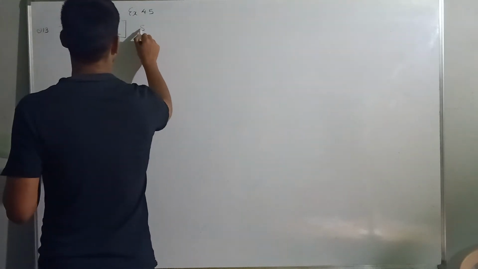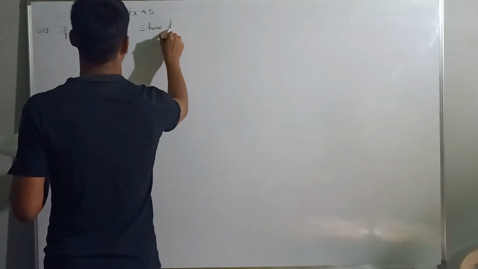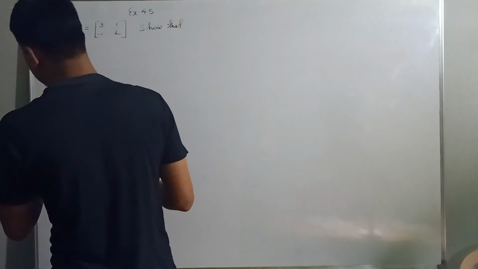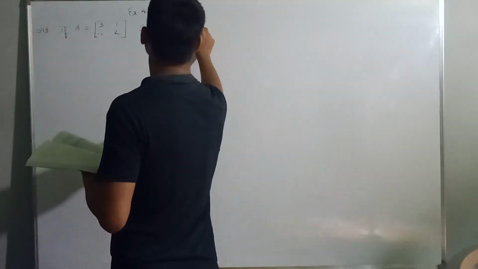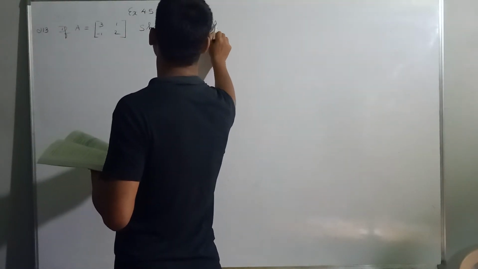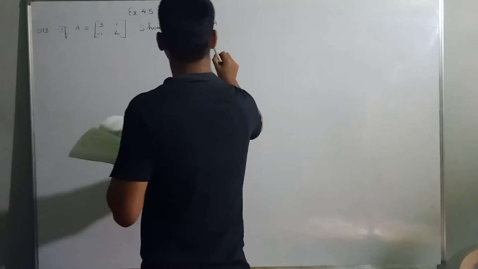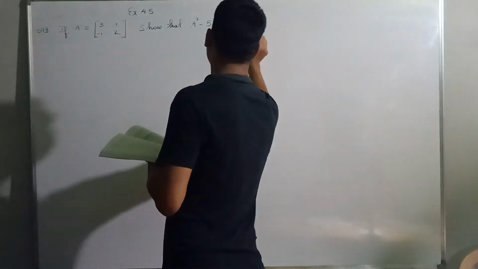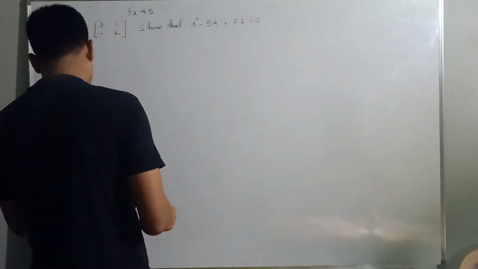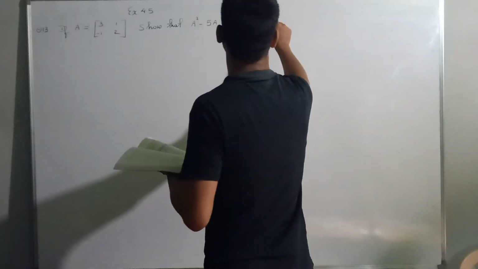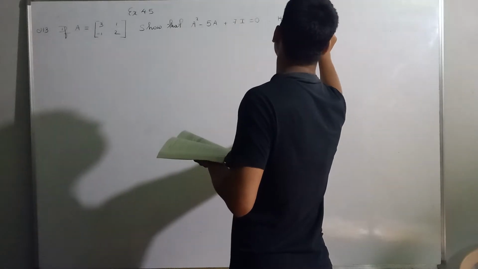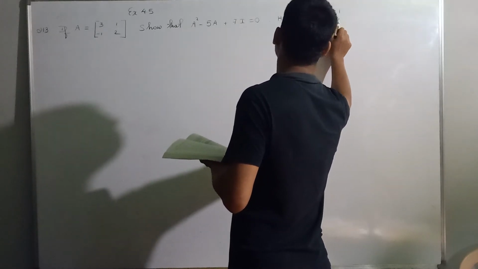Then we need to show that A square minus 5A plus 7I is equal to 0. We need to show that this is equal to 0. Hence find A inverse.